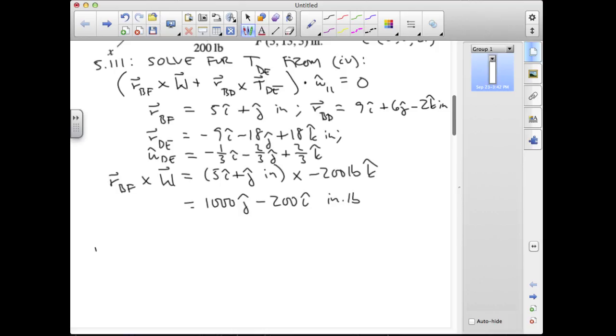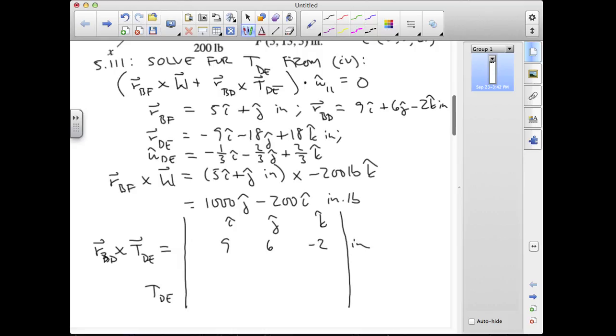For RBD cross TDE, that's a little more involved, so I'll use the matrix approach. And I will pull the magnitude TDE out in front down here and use the unit vector inside. RBD is 9, 6, and minus 2 inches. And the components of TDE are minus 1/3, minus 2/3, and plus 2/3.